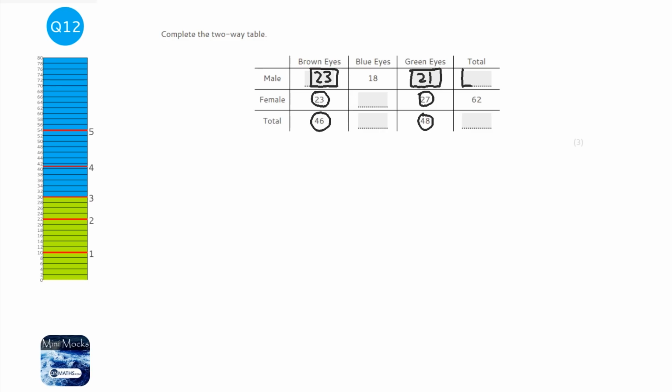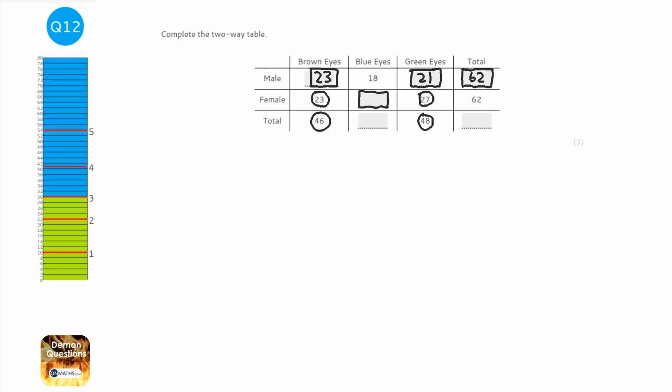Now if we have a look at this one, we have 23 males with brown eyes, 18 males with blue eyes and 21 males with green eyes. And we assume that there weren't any others because they're not in the table. So we add those together and that gives us 62 in total. And let's have a look at this one maybe.